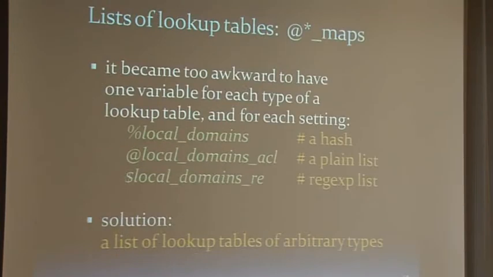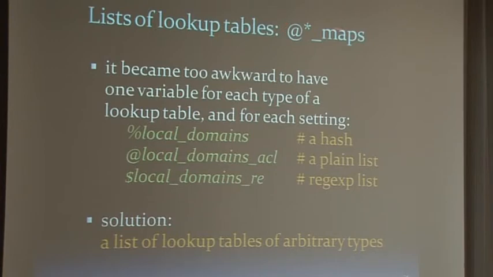Now, in the past, this used to be hard-coded in code. It did first a lookup for hashes, then for lists, then for regular expressions, and you had a bunch of separate configuration variables for each of these. As the number of configuration variables grew, this grew out of hand slowly, and instead what was invented was a list of lookup tables.